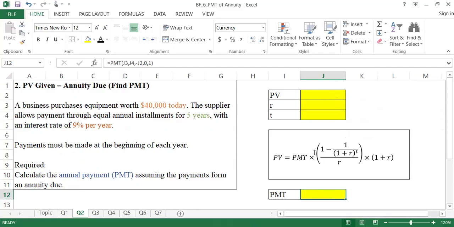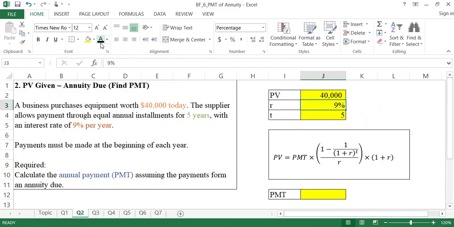A business purchases equipment worth 40,000 today. Again, 40,000 today is the present value. The supplier allows payment through equal annual installments for the next 5 years at an interest rate of 9%. Payments must be made at the beginning of each year.